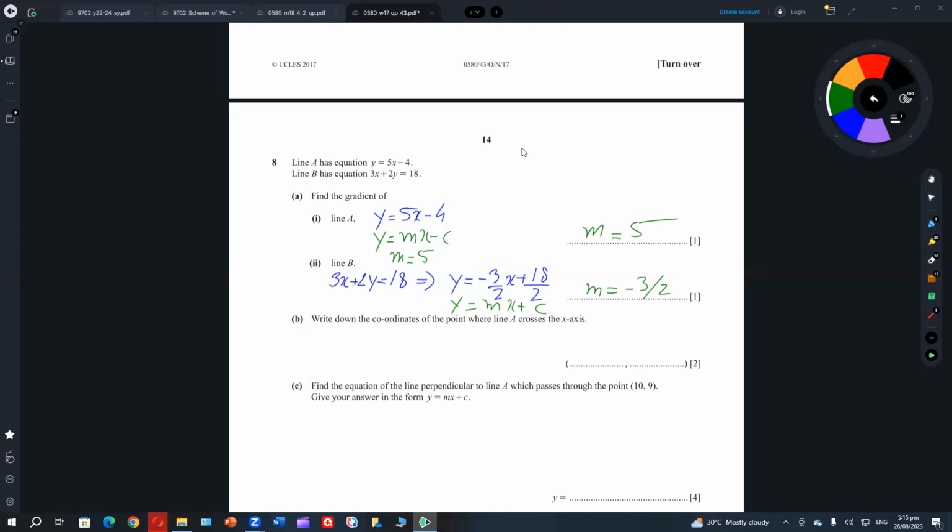Write down the coordinates of the point where line A crosses the x-axis. Intercept rule.